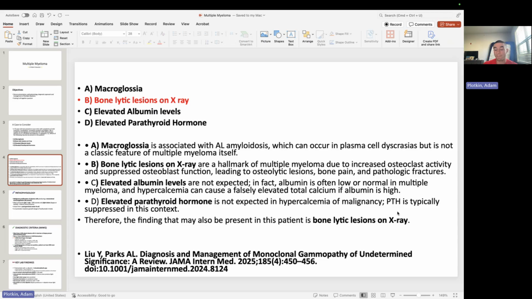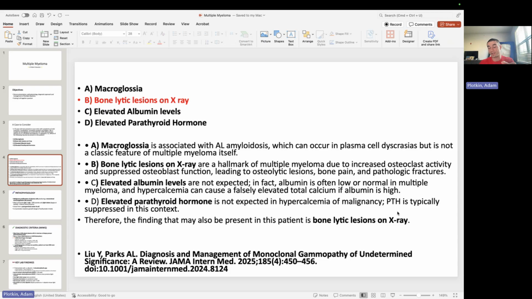Now, in multiple myeloma, it's not a PTH-driven process. So we have 4 parathyroid glands that sit right next to my thyroid. They secrete parathyroid hormone. Parathyroid hormone does a number of things. It goes down to the kidneys. It upregulates 1-alpha hydroxylase. So then any of the 25-OH D, the metabolically inactive storage form of vitamin D that's stuck in my liver, when it makes its way down to the proximal convoluted tubule, it runs across this enzyme.